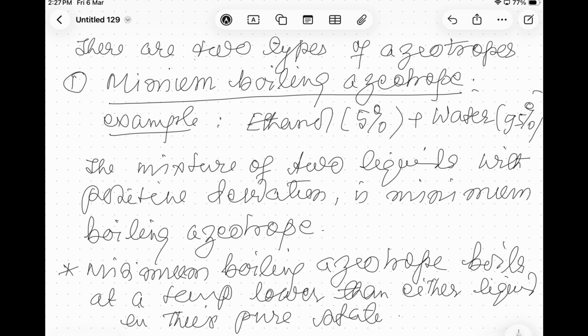This means the boiling point of the ethanol 5%, water 95% mixture must be lower than the boiling point of ethanol or water.